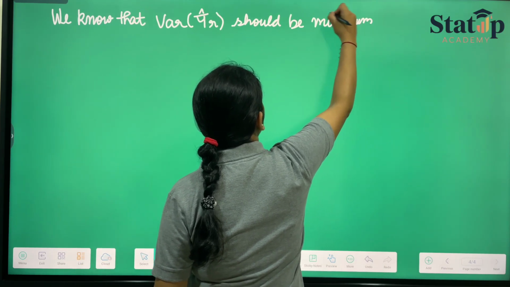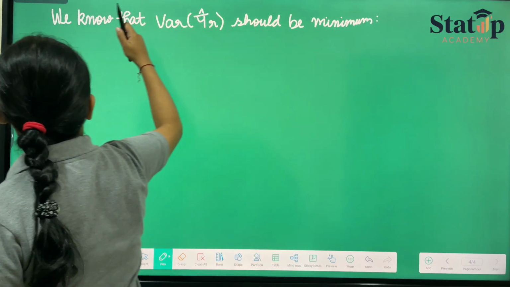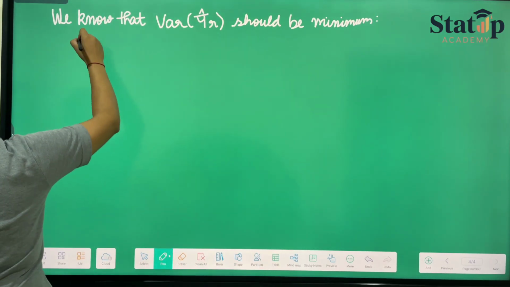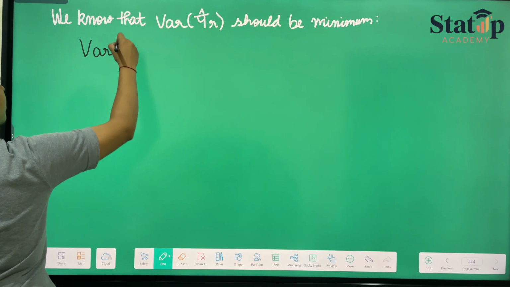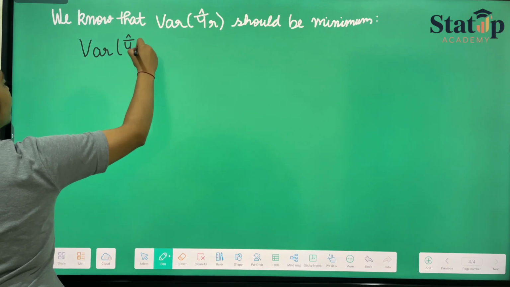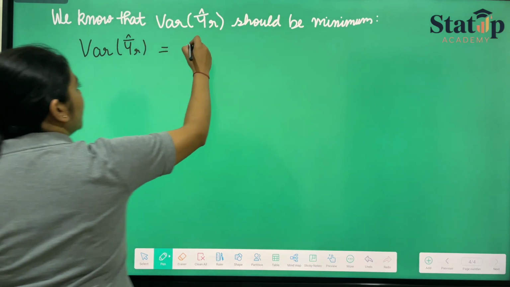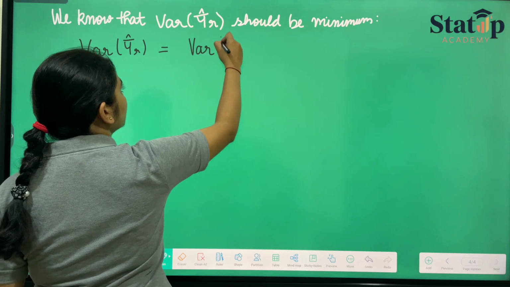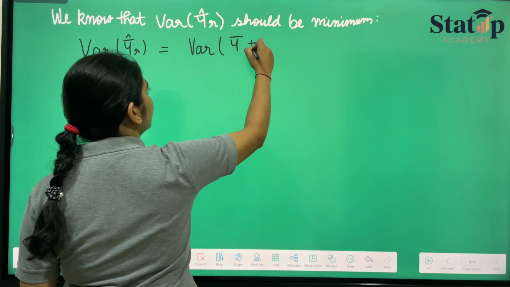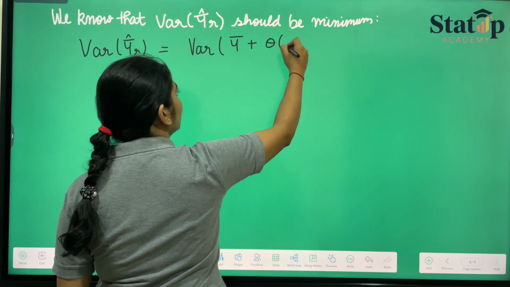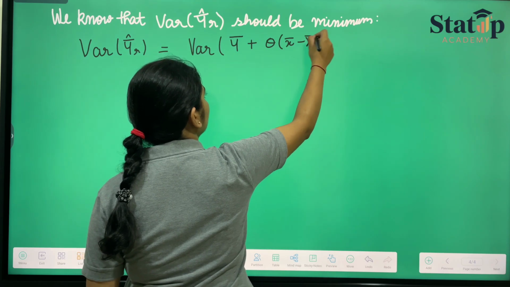For this, we will first of all write the variance of y bar r, which is nothing but variance of y bar plus theta small x bar minus capital X bar.